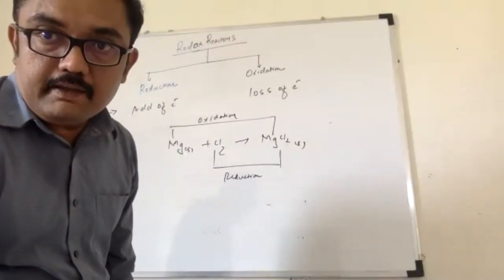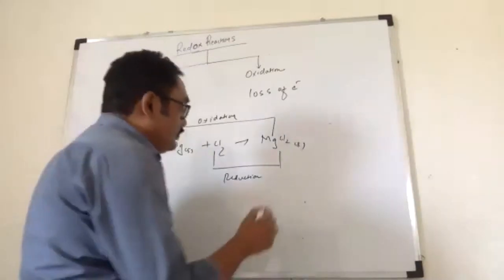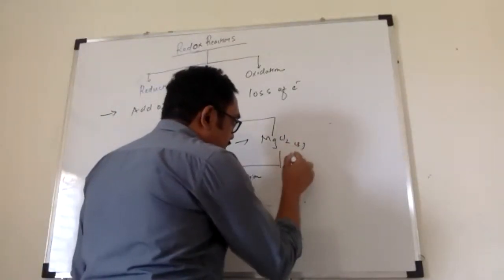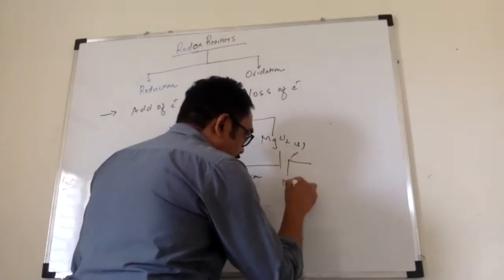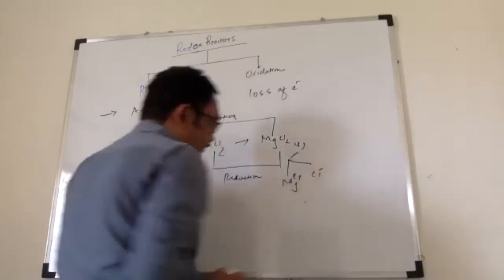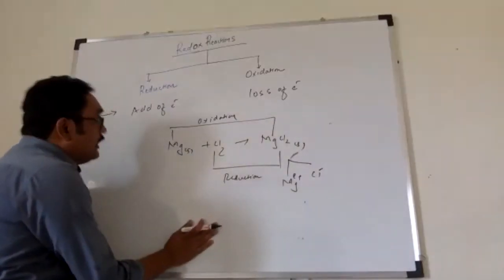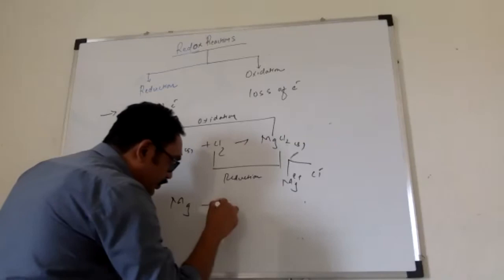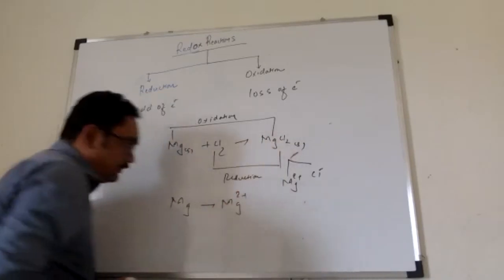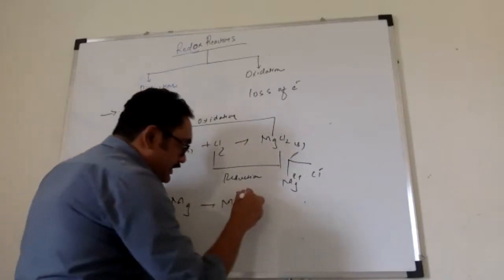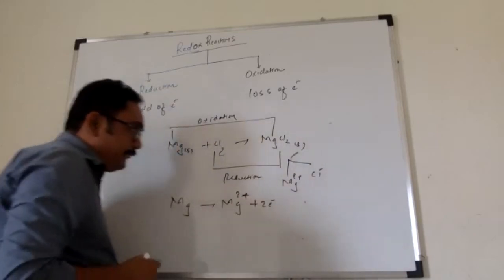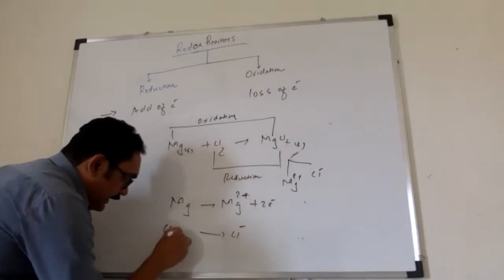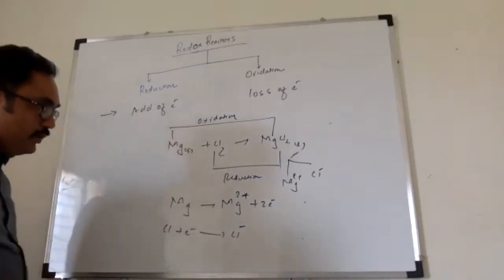If you analyze MgCl2, which ions are there? The ions Mg2 plus and Cl minus. So if we show the transfer of electrons, how should we write? Mg has gone into Mg2 plus, and for that Mg has lost 2 electrons, and the chlorine has gone into chloride ion and gained an electron.